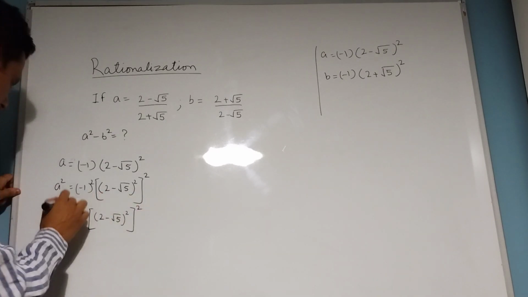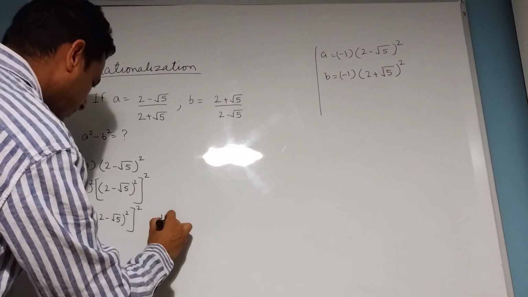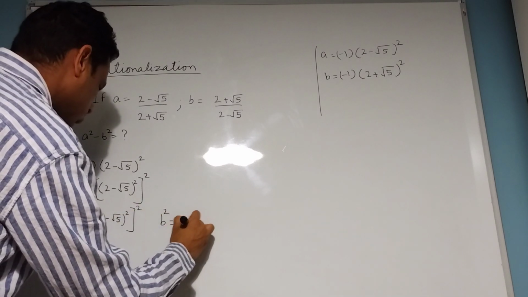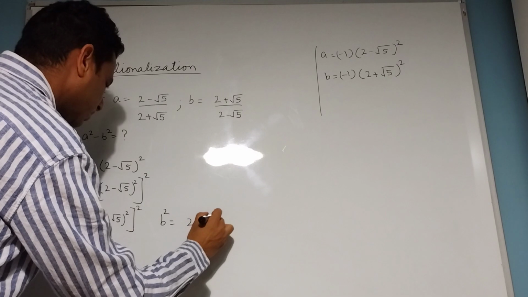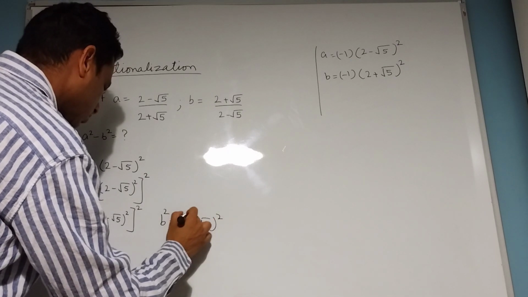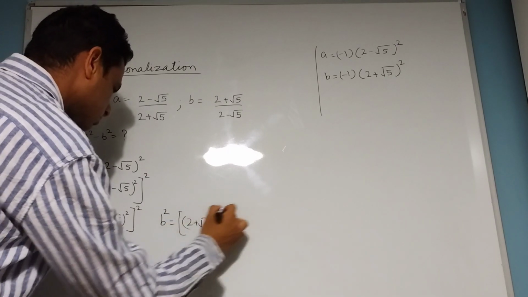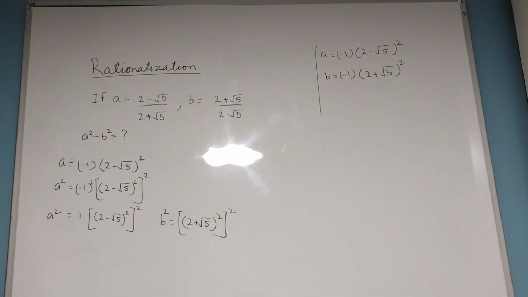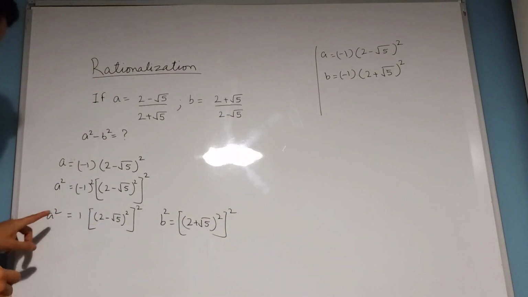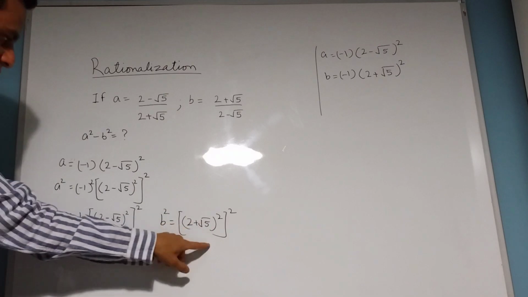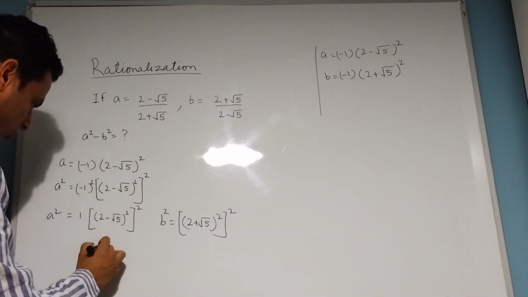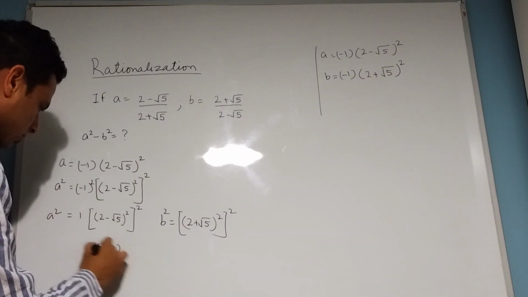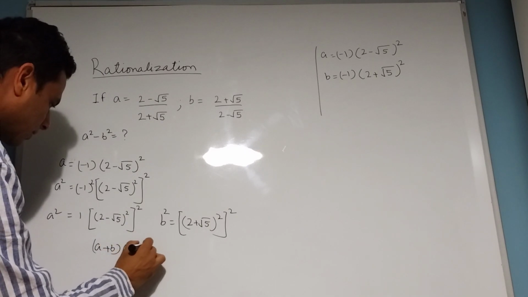So this is a squared. Similarly, we will find b squared as 2 plus root 5 whole squared and the square of everything. If you have to do a squared minus b squared, this comes in the form of a plus b times a minus b.